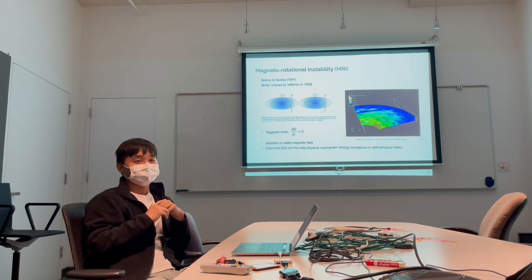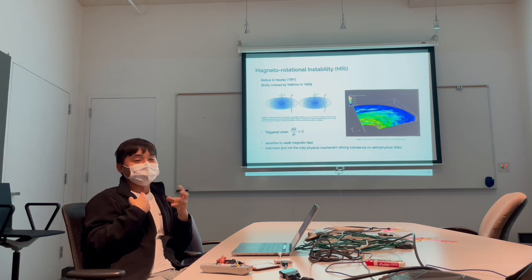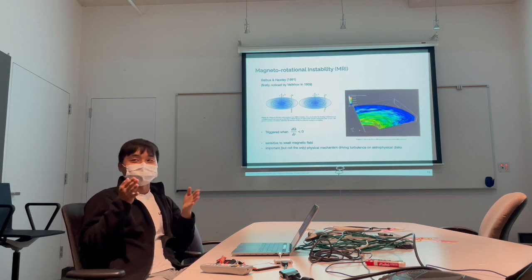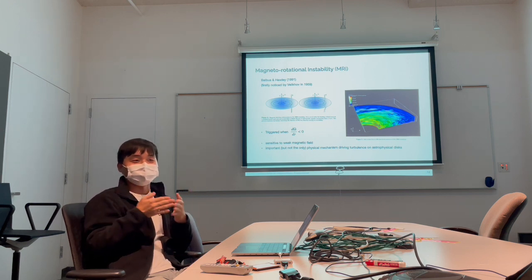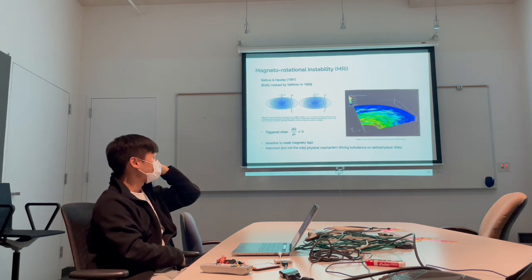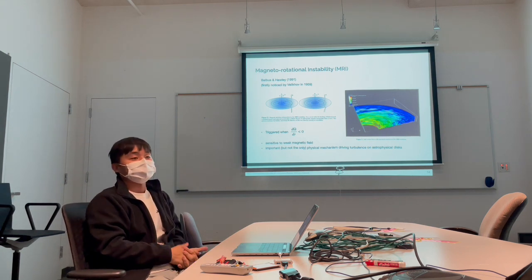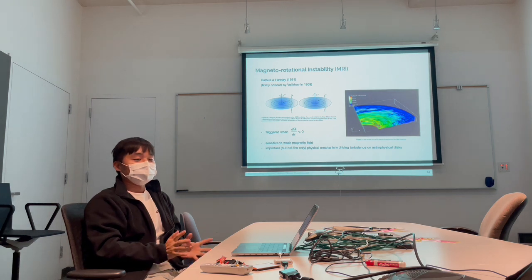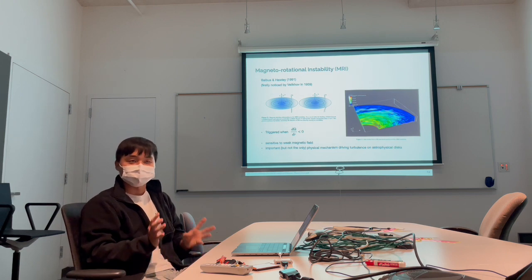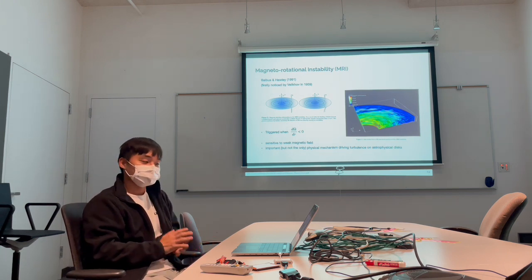Because whatever grid resolution you have, there is always MRI developing on a smaller scale than the grid resolution. So this is a really active area: how we can correctly capture as many features as possible with a limited number of grid points or computational resources.